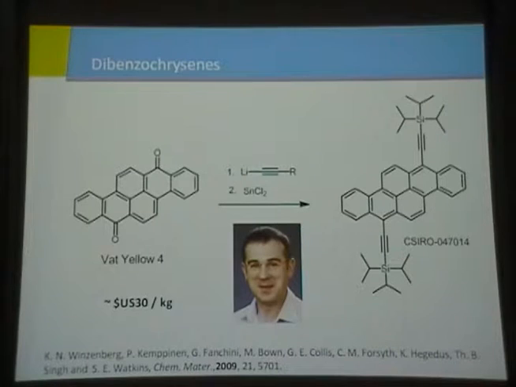You can get soluble derivatives, such as a triethylsilylacetylene-substituted derivative that makes it highly soluble. This is one example, and we have many of these derivatives, which I will show in a minute.